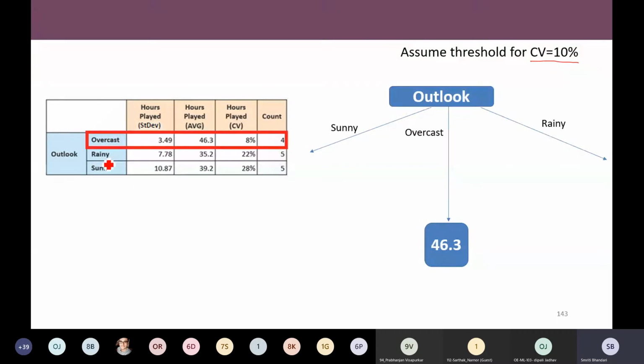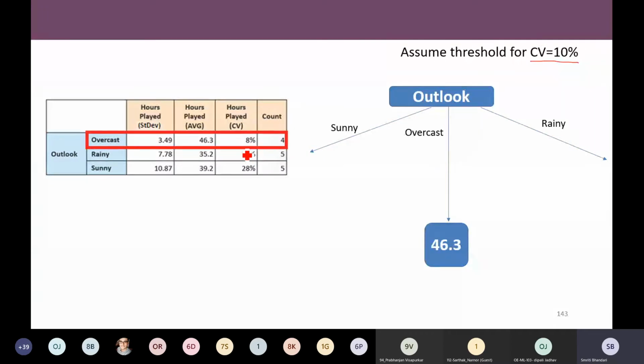Okay. Similarly, for rainy we have these statistics, and for sunny we have these statistics. Assuming that the threshold for CV is 10%, if we look at the CV values for all the different values of outlook, 8%, 22% and 28%, we find that the CV value for overcast is 8%, which is less than our threshold of 10%.